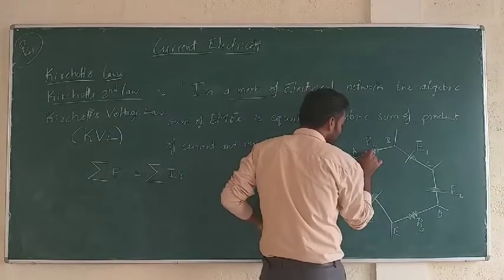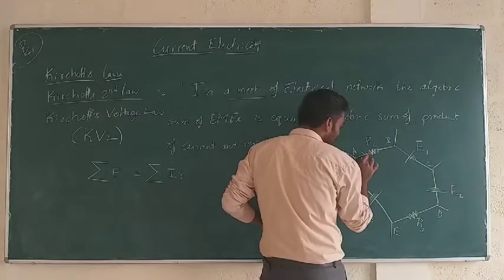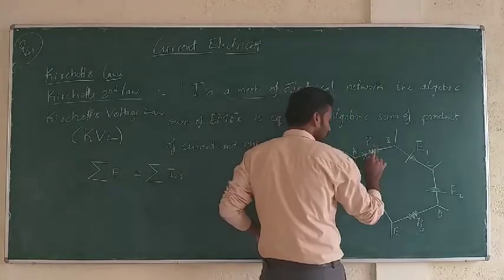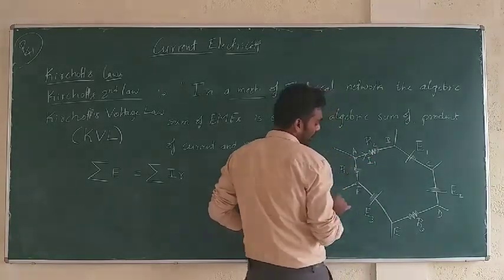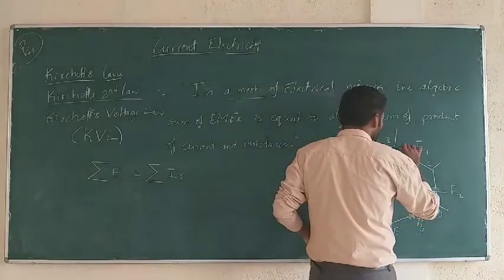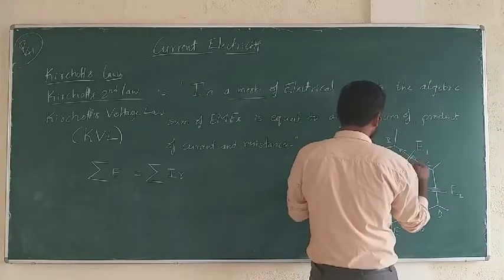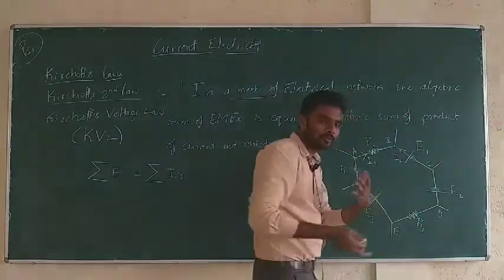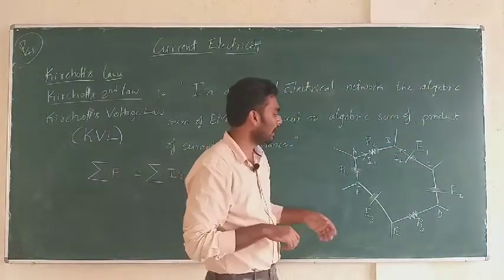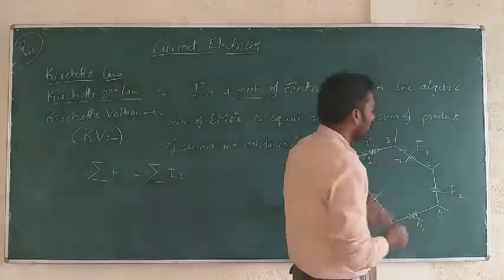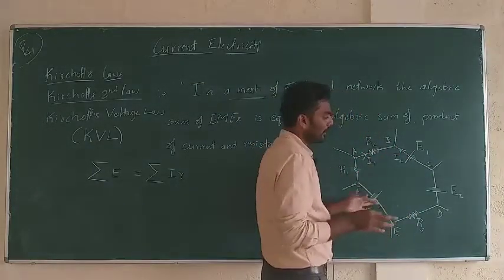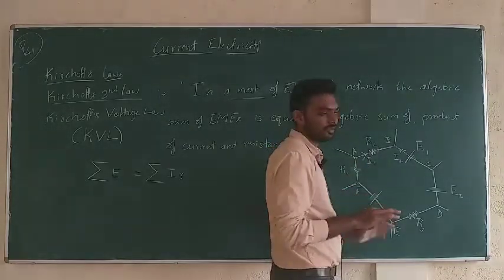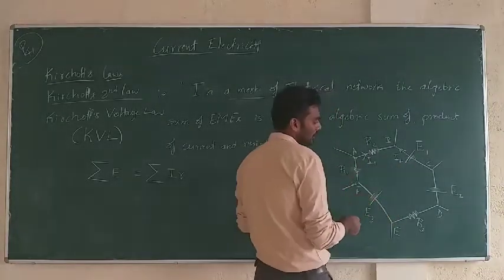Let me assume again, this is the consideration, you have certain current flowing in this direction, say I1, and you have certain current flowing in the opposite direction, say I2, and these two currents can combine and go like this. Multiple possibilities can be there. Basically, you keep this much in mind, that it is possible that we can have different currents in different parts of the mesh, okay, like this.